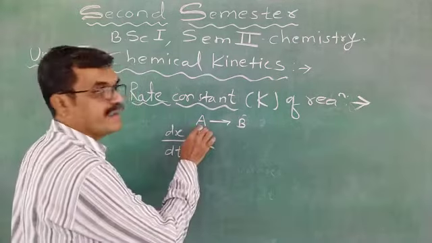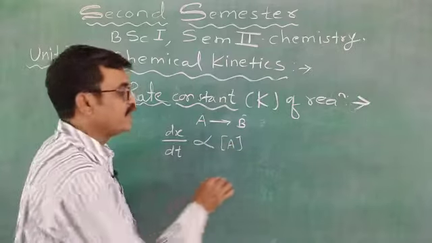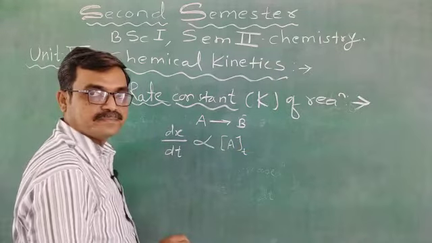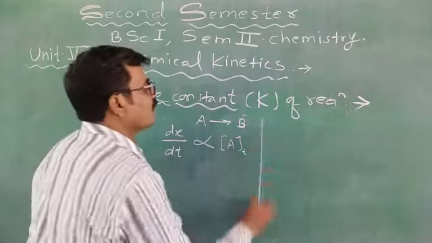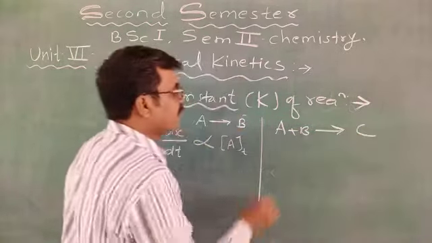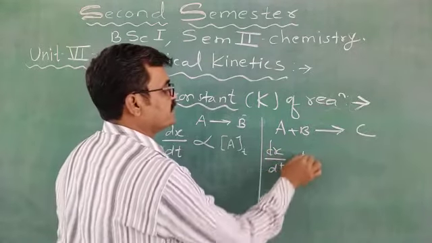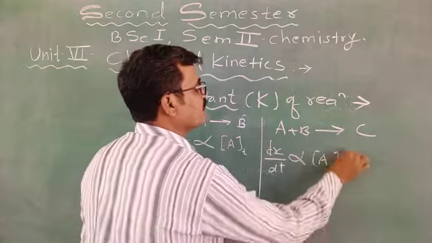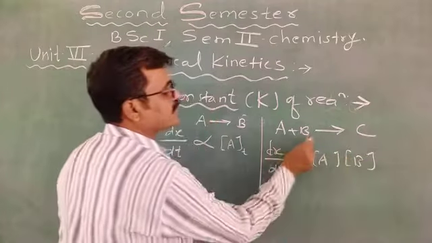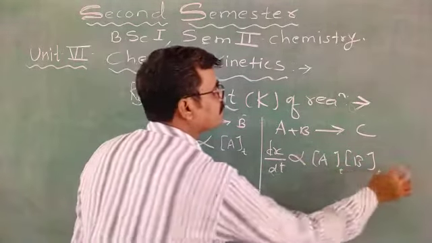Here there is only one reactant, so the rate is directly proportional to the concentration of A at time t. Or if the reaction is of the type A plus B gives C, then the rate dx by dt is directly proportional to the active masses of the reactants, concentration of A into concentration of B at time t.